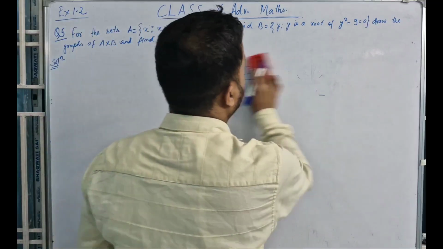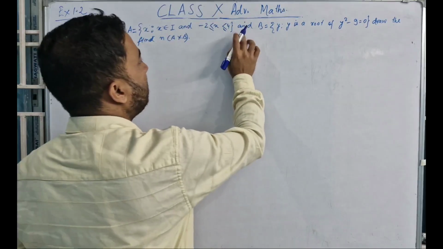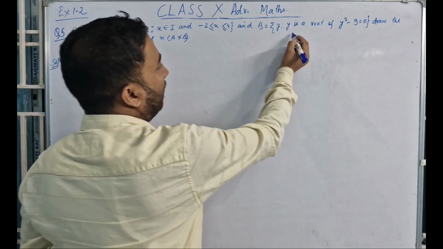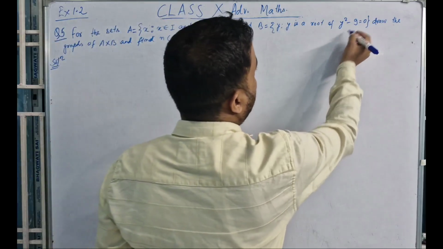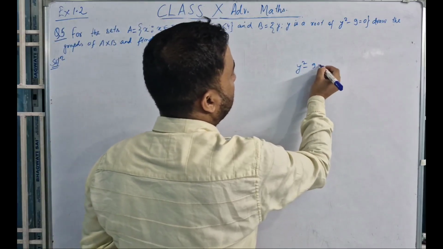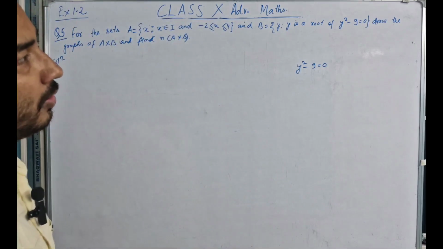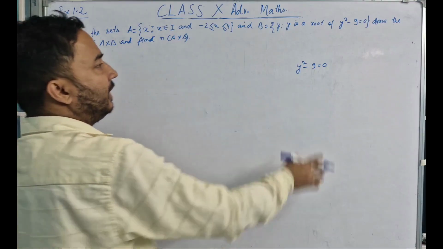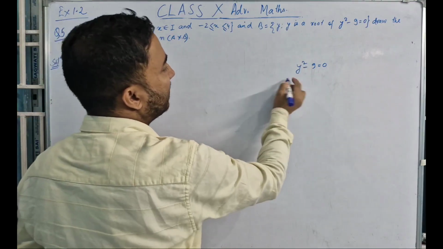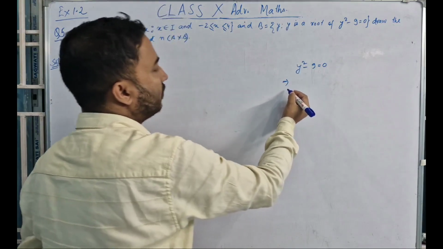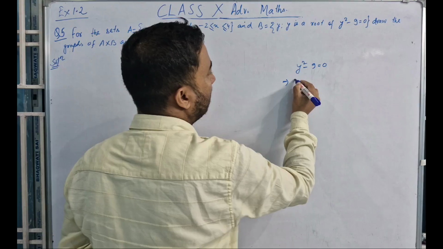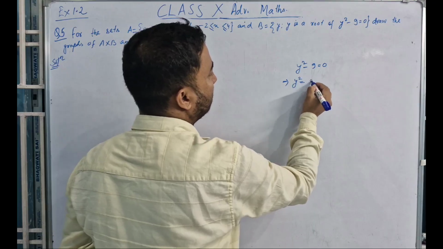In the same way, the second set B is given where y is a root of the equation y square minus 9 equal to 0. The roots of this equation are the elements of the set B. If we solve this equation, y square will be equal to 9.